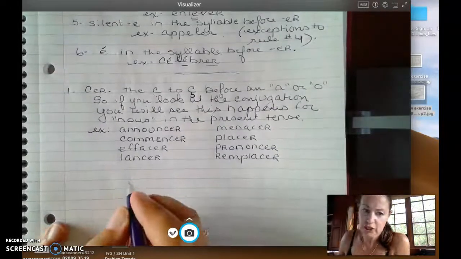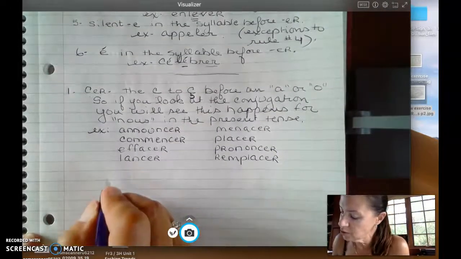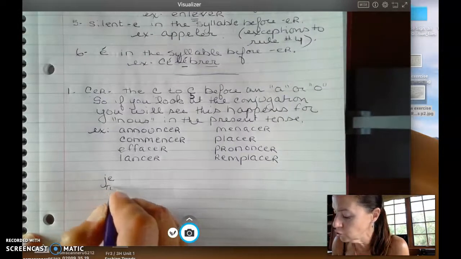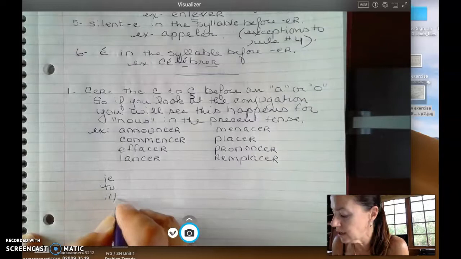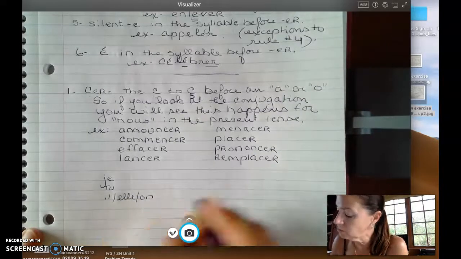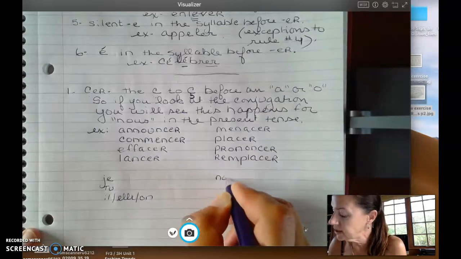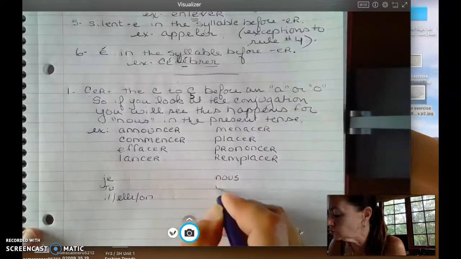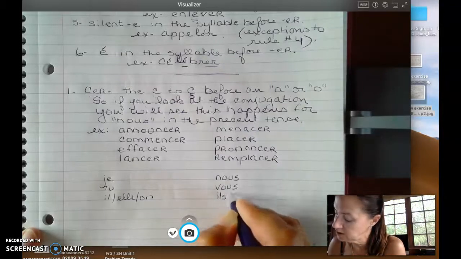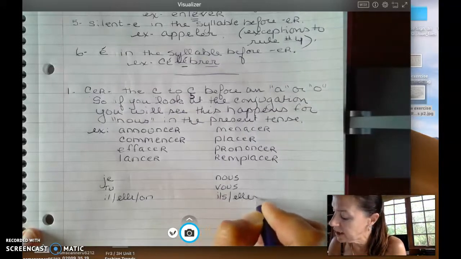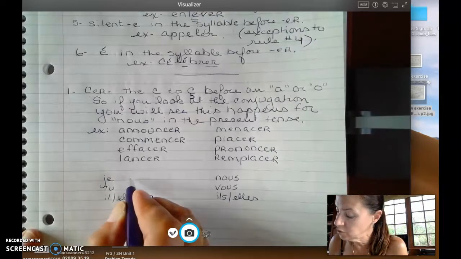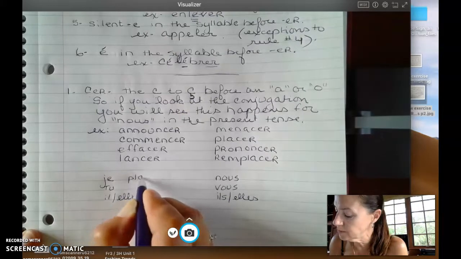Let's do the conjugation. So, you have your pronouns, je, tu, il, elle, on. Second column, nous, vous, ils, elles. So let's do placer because it's short.